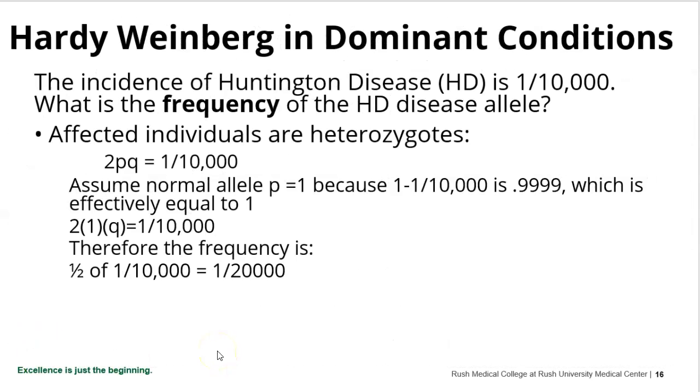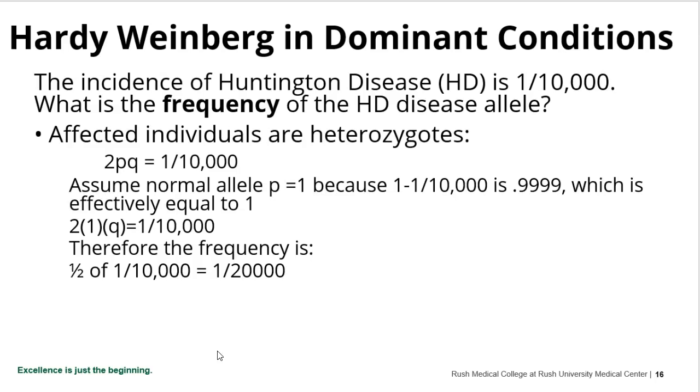What about dominant disorders? Huntington's chorea is a neurologic disorder that occurs in 1 in 10,000. And again, I could call it disease X is autosomal dominant, and the population is 1 in 10,000. So the name doesn't matter. What is the frequency of Huntington's disease allele?